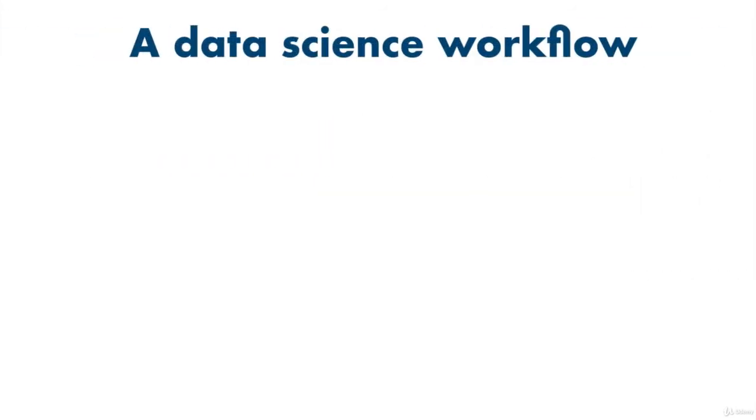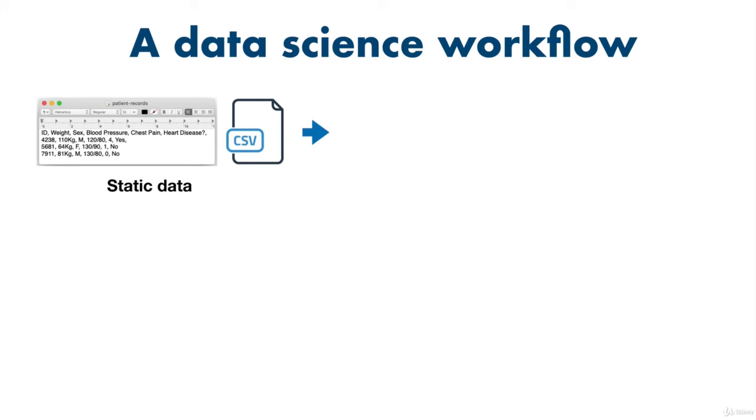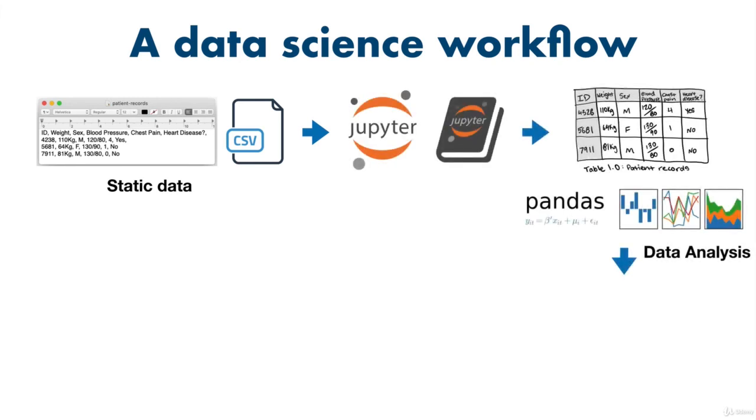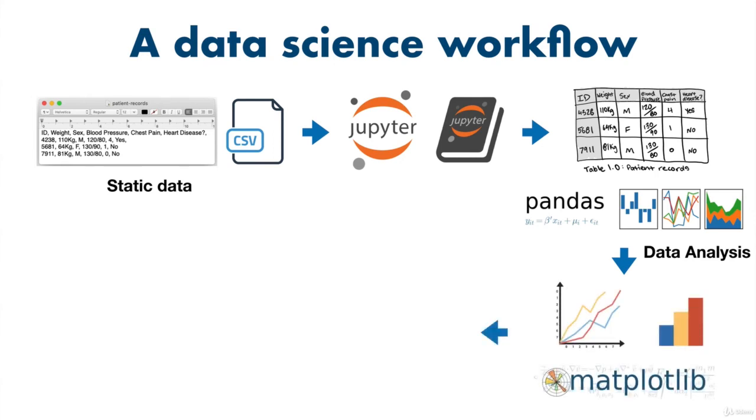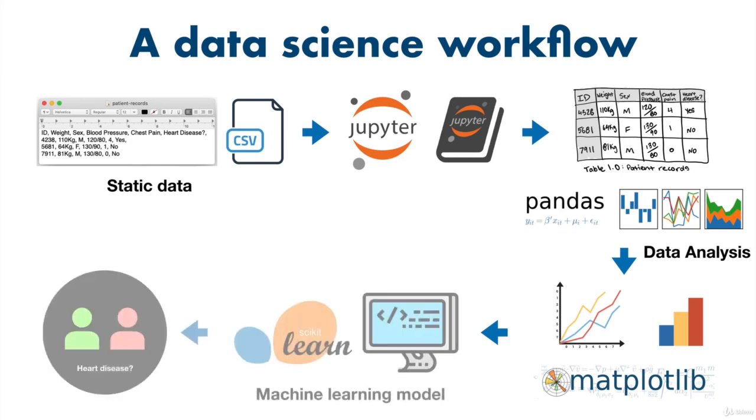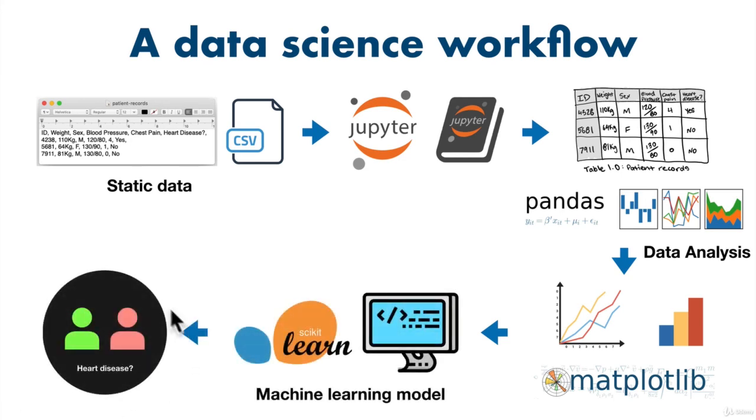A common data science workflow begins by opening a CSV file in a Jupyter Notebook, a tool for building machine learning projects, then exploring the data and performing data analysis using Pandas, a Python library for data analysis, and making visualizations such as graphs and comparing different data points using Matplotlib, then building machine learning models on the data using scikit-learn, such as a machine learning model to predict using these patterns here whether or not a patient has heart disease.